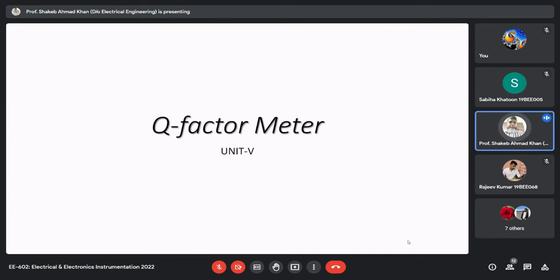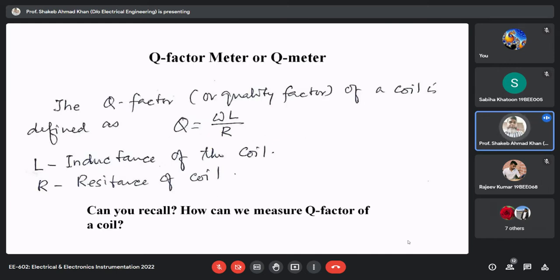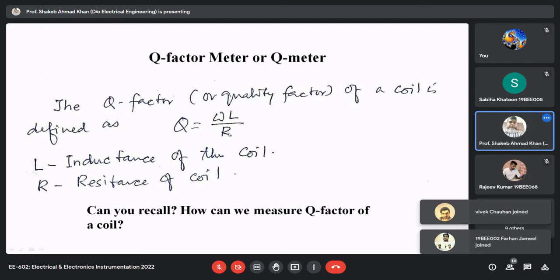So it is pretty obvious that if we want to know that, then this ratio will be called quality factor. Inductive reactance, ratio of inductive reactance to resistance.